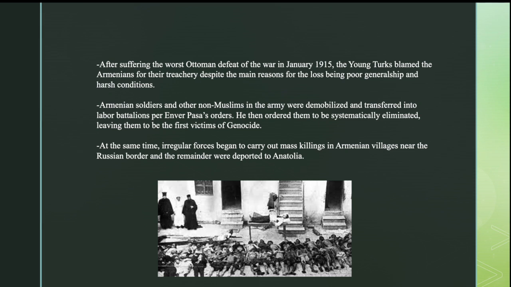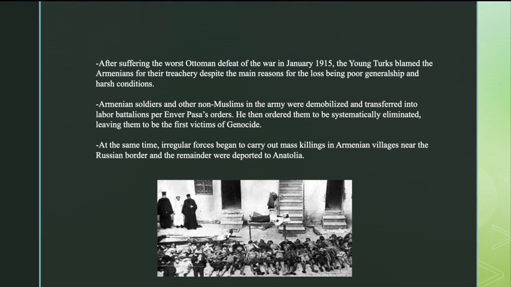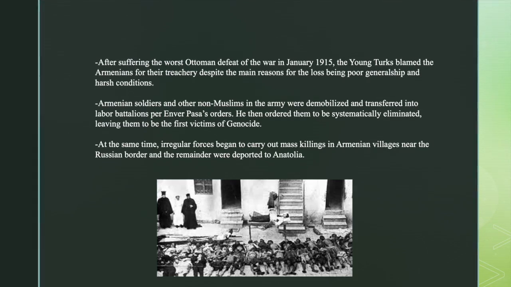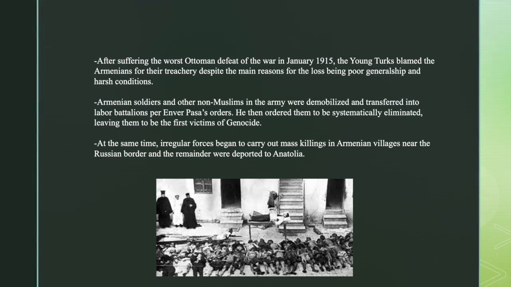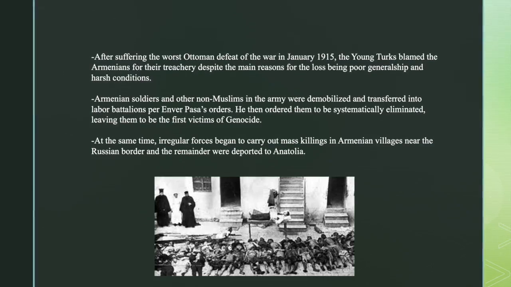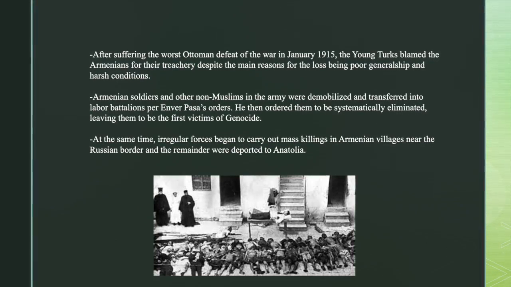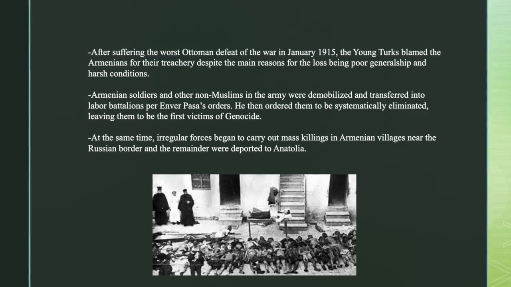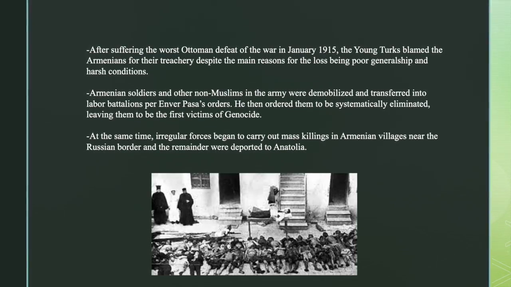So after suffering the worst Ottoman defeat in the war in January 1915, the Young Turks just decided to blame this on the Armenians, and they saw it as treachery. And so what they did was began to kill people off that were Armenian and other non-Muslims.